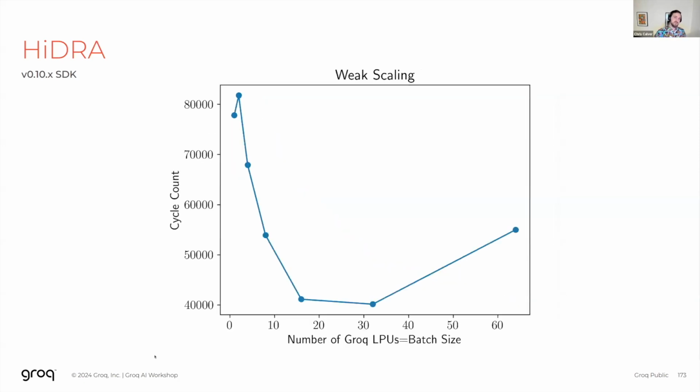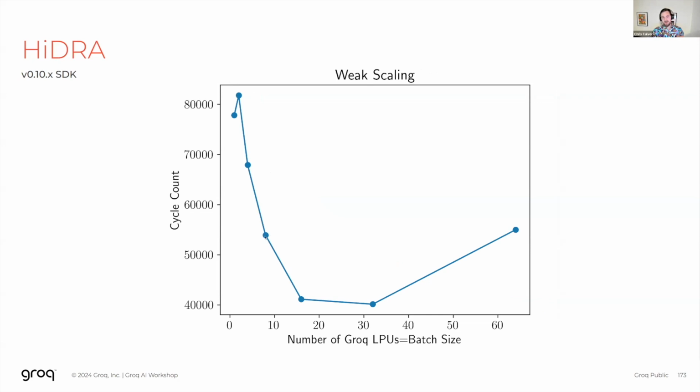For the weak scaling of this model, something really interesting happens, which is that as the number of cards and batch sizes increases, we actually have an extreme improvement on the cycle count. And this is, I think, the first really non-trivial thing that happens.